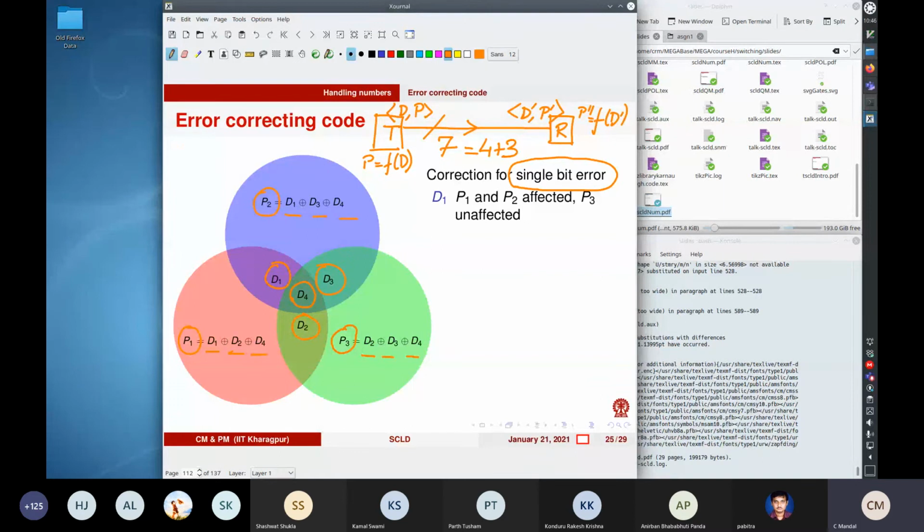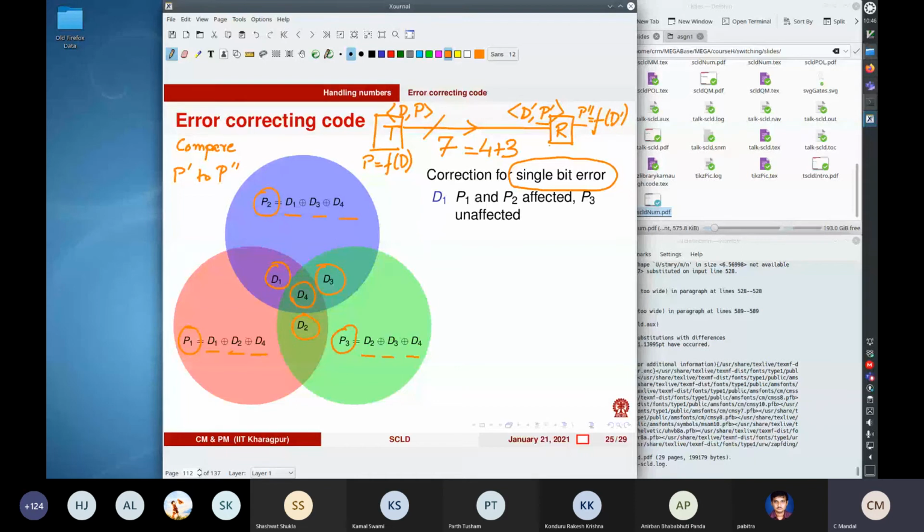You compare P dash to P dash dash, because P dash is what you have received and P dash dash is what you are computing.